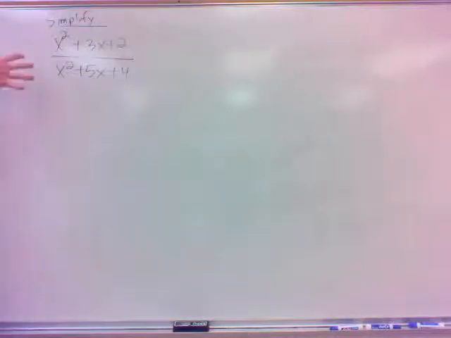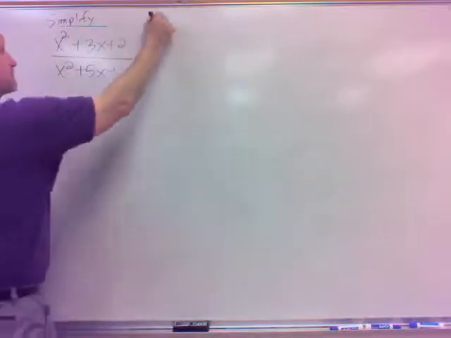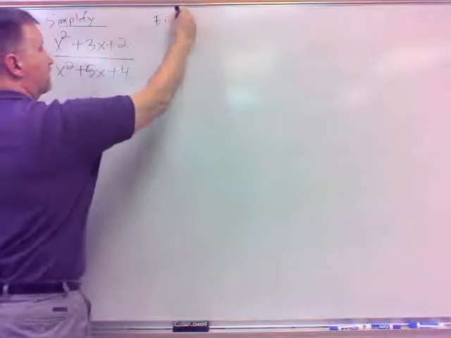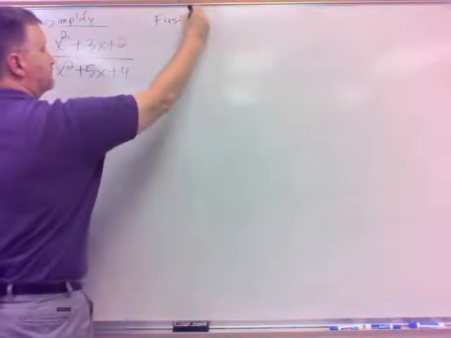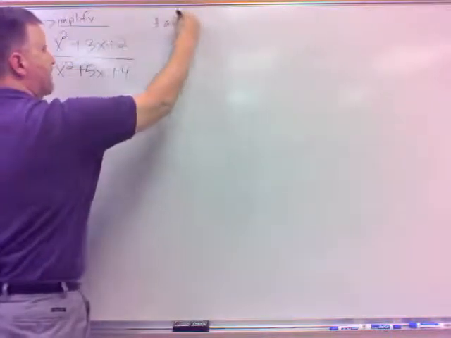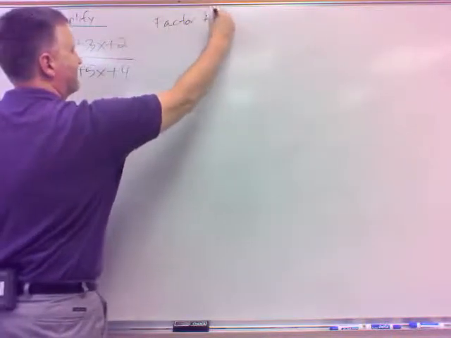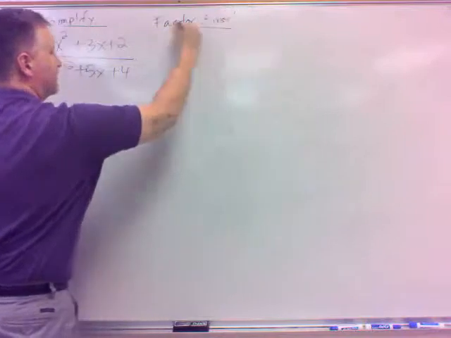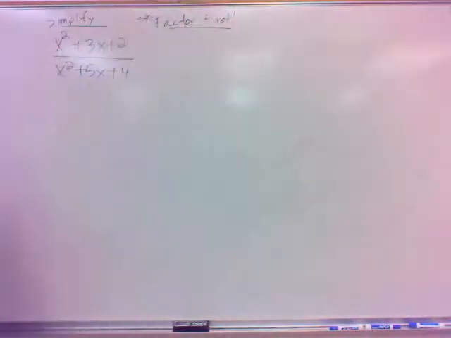What you first want to do here is just say factor first. Write that note, underline it, star it, whatever. If you can factor numerator or denominator, you're going to want to do that first.